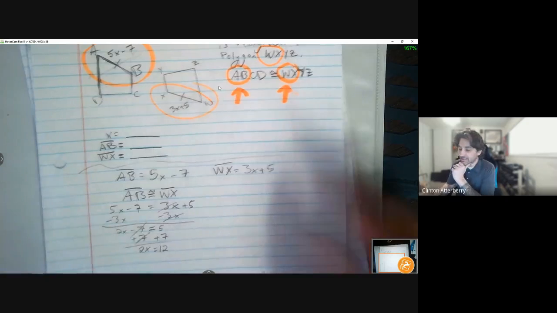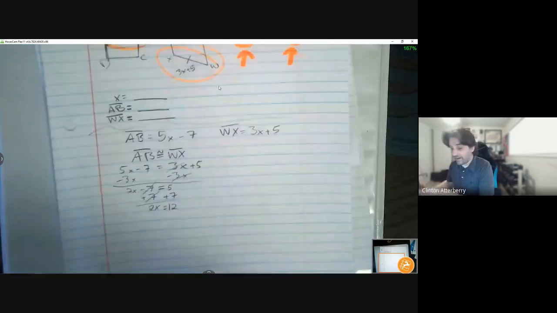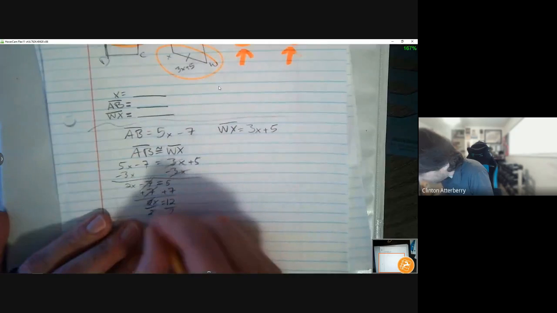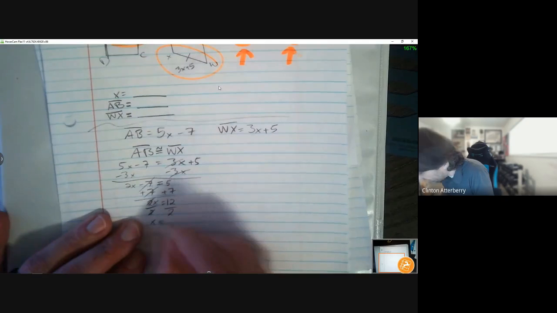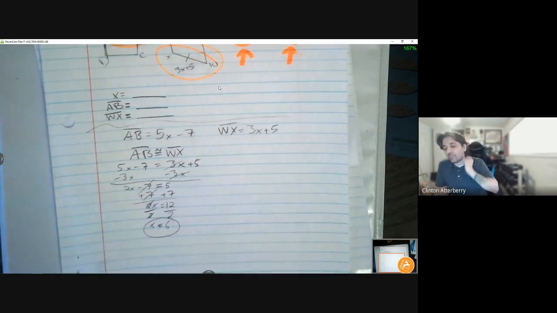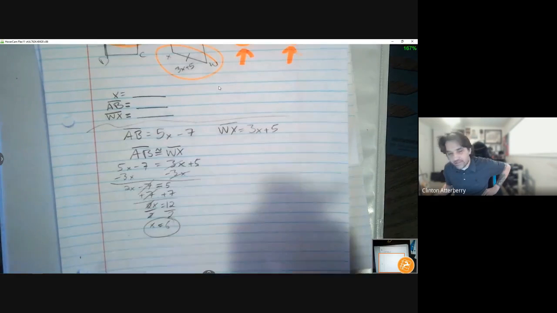And then last but not least, let's finish this off by dividing both sides by 2. Just using those techniques from algebra. If you guys need more assistance with algebra processes, let me know. We can practice that, or I can show you some more resources to help with that during tutoring sessions. So I get x equals 6.